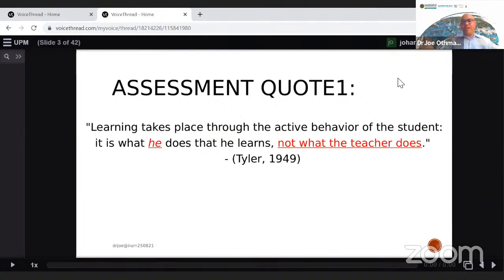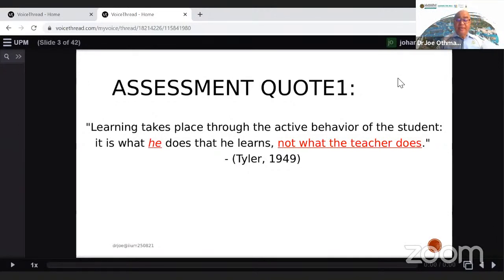I can be moving around here, I can be moving in front of you, my dear participants, I can speak as long as I want. But if at the end of the day the student cannot show that they have learned, if the student cannot demonstrate a certain learning outcome, then the teaching or the lesson is to no avail.